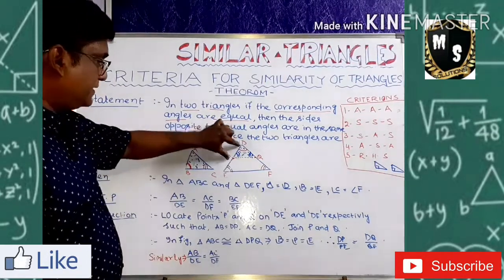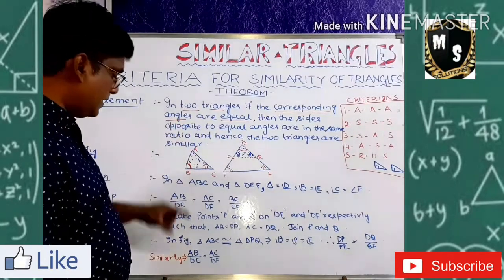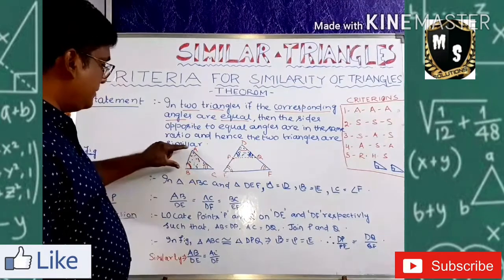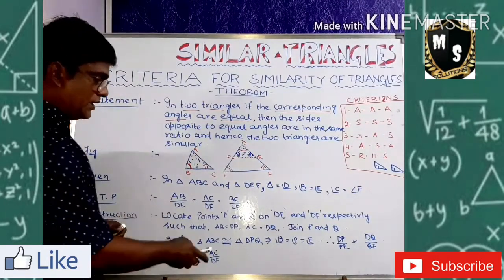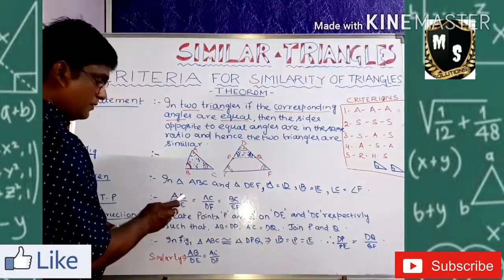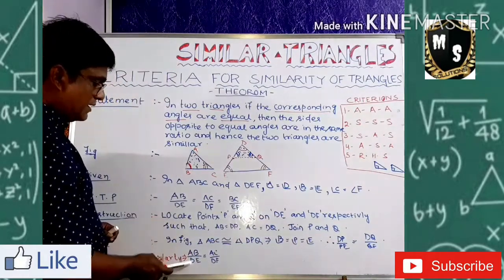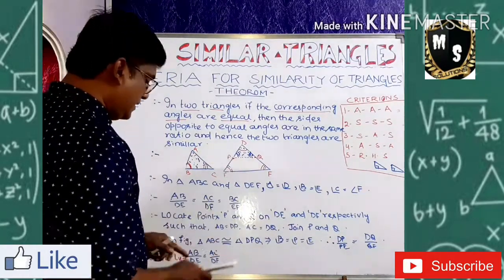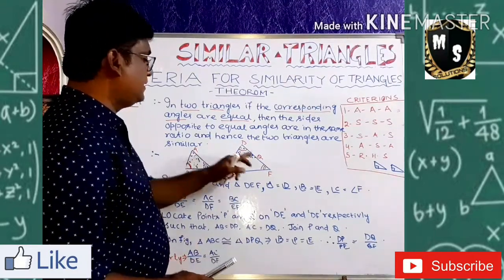Because DP is equal to AB. So in place of DP we can put AB. So AB by DE is equal to what? AC by DF.